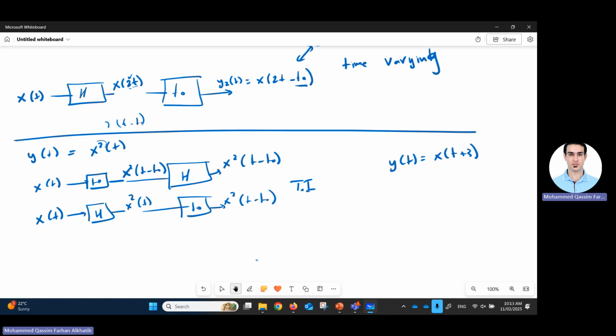Okay. Any idea? Do you think time varying or not?